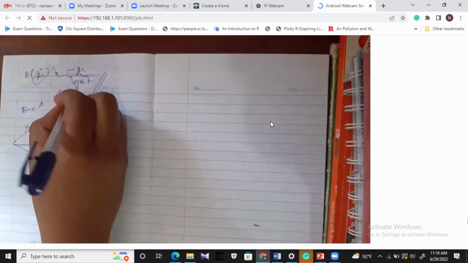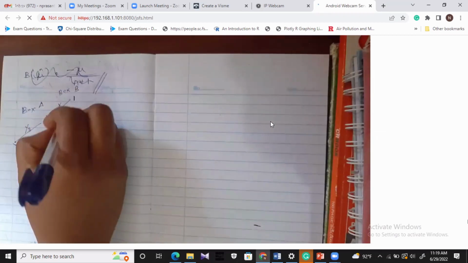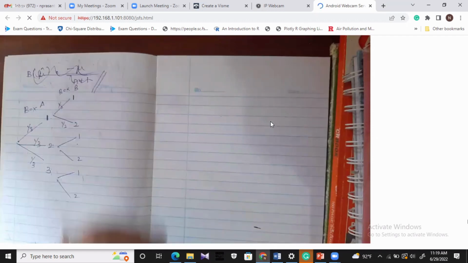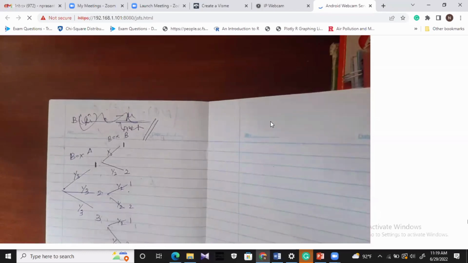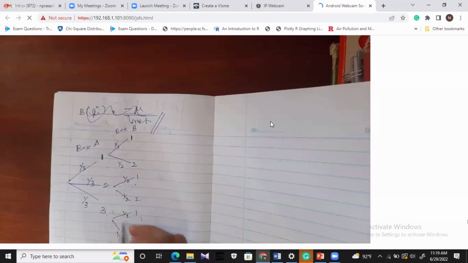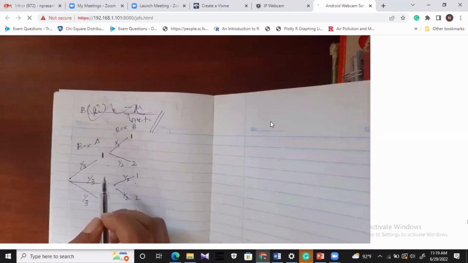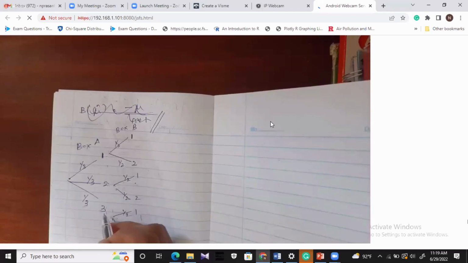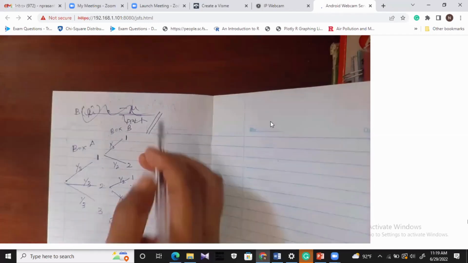Out of 2 cards, we are taking only 1. Here also 1 over 2. Likewise, we can put all the probabilities in the tree diagram like this. These probabilities do not depend on the probability of getting number 1 or 2 or 3 from box A. Okay, that's what you should understand when you draw a tree diagram.